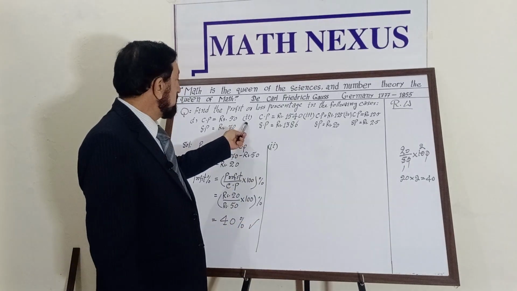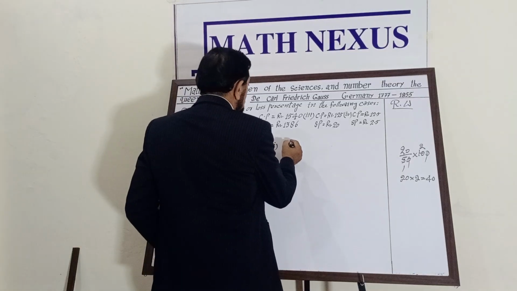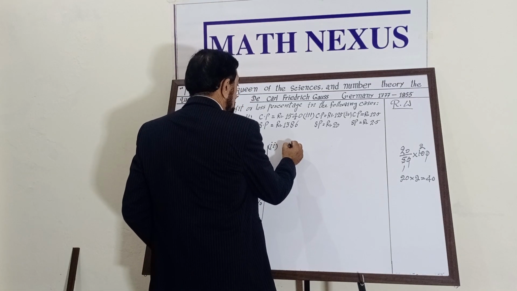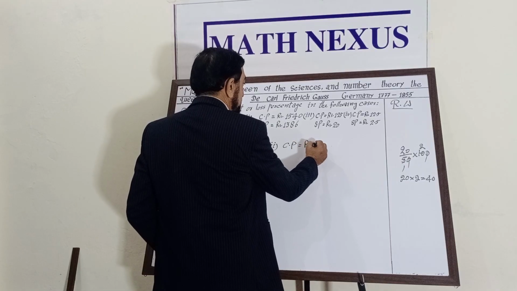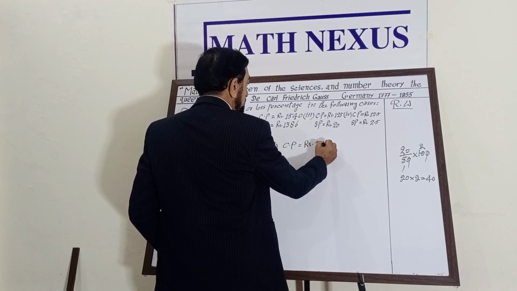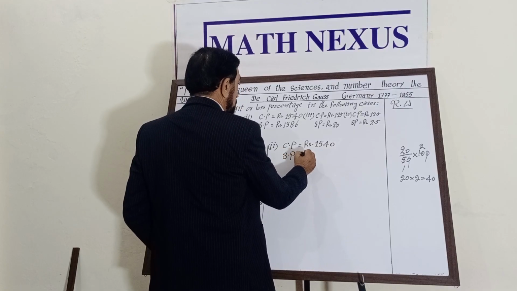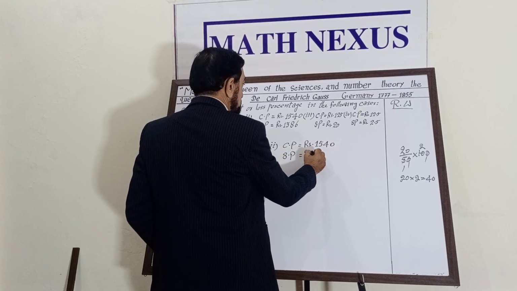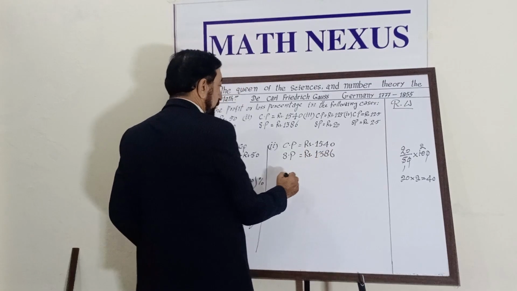Now look at section 2. Cost price is equal to 1540 and sale price is equal to 1386.